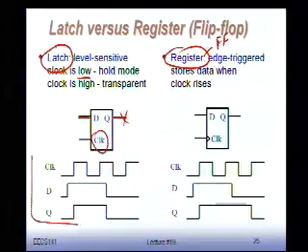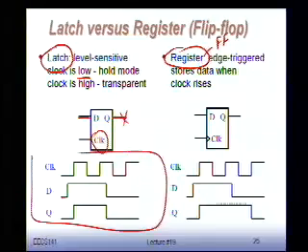Let me show a simple example here. So this is my D input. Clock is low, we're just going to remember the previous value. We'll hold the value, assume that this is 0. So we hold the value, nothing changes. D changes at the input, but since the clock is still low, nothing happens at the output. We keep holding this 0 here. Then suddenly the clock goes high.